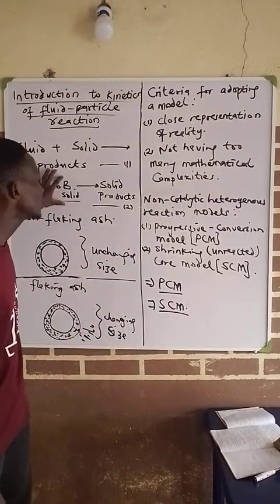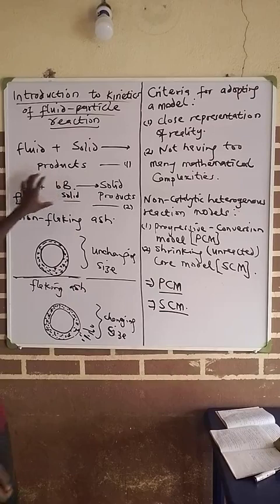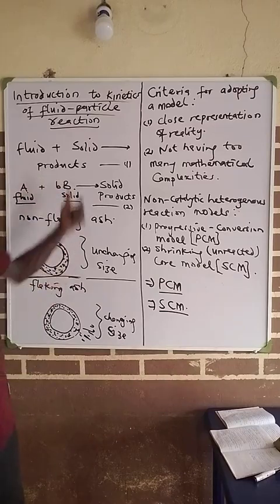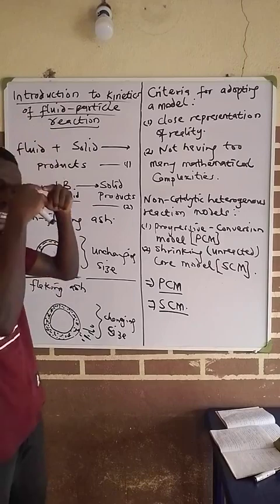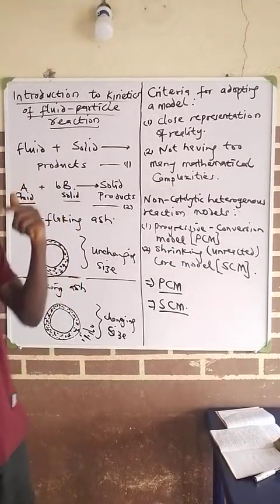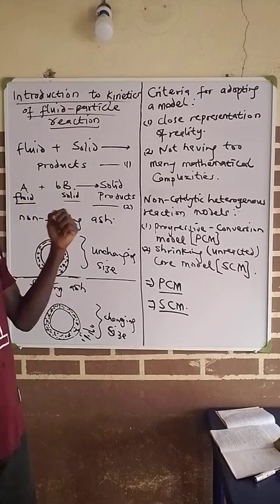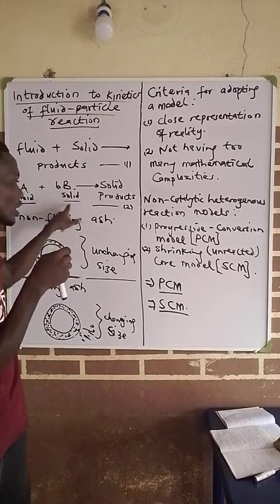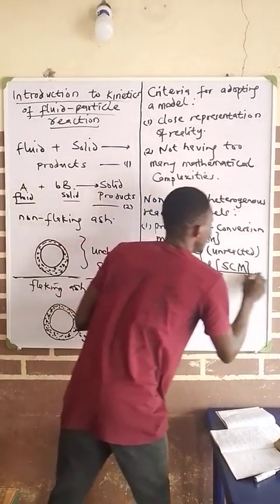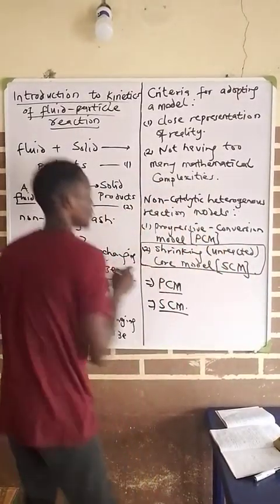That is, the fluid starts reacting with and transforming the solid from outside the solid, and then the reaction progresses to the inner core of the solid. So we are adopting this particular model, the shrinking unreacted core.